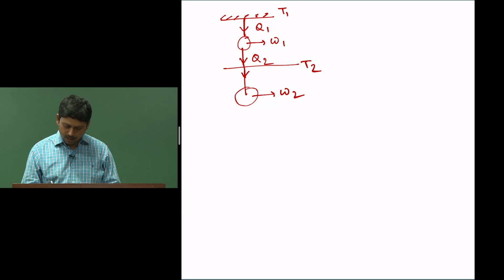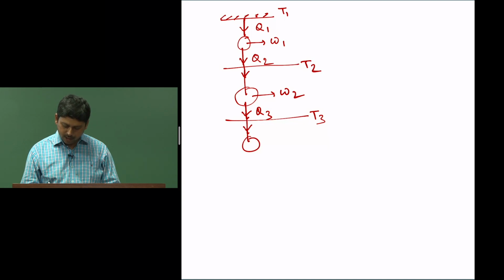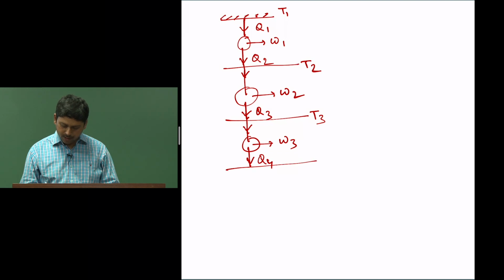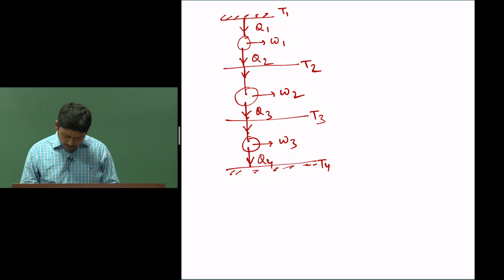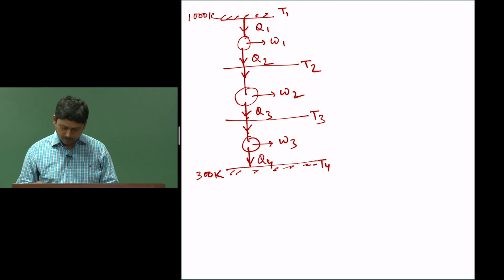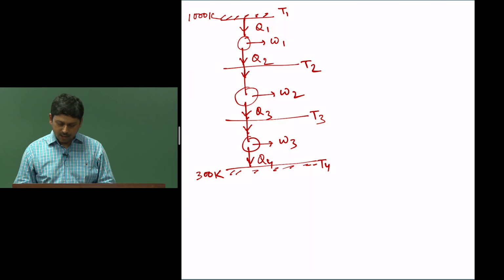Let us say W2 work is done, and then heat Q3 is going to the next one, which is again going to go to the next engine in series. W3 work is done, and then finally Q4 is going to the final temperature T4, and the T4 temperature is 300 Kelvin, and the top one is 1100 Kelvin. Okay, so this information is given.